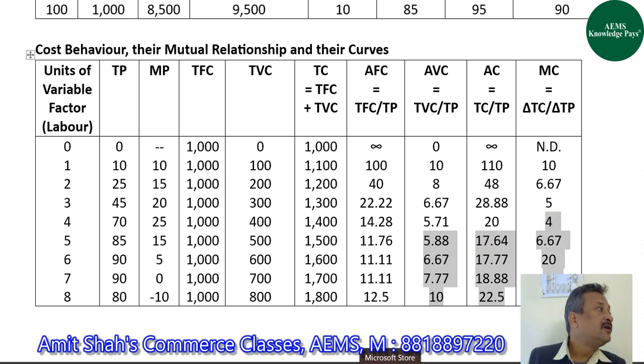Correct or not? AVC, AC, and marginal cost all have a downward trend initially, and later they all have an upward trend. So their curve is downward and then upward. That is the shape of a U. So all these three cost curves make a U shape. Which ones? AVC, AC, and marginal cost. Am I clear?